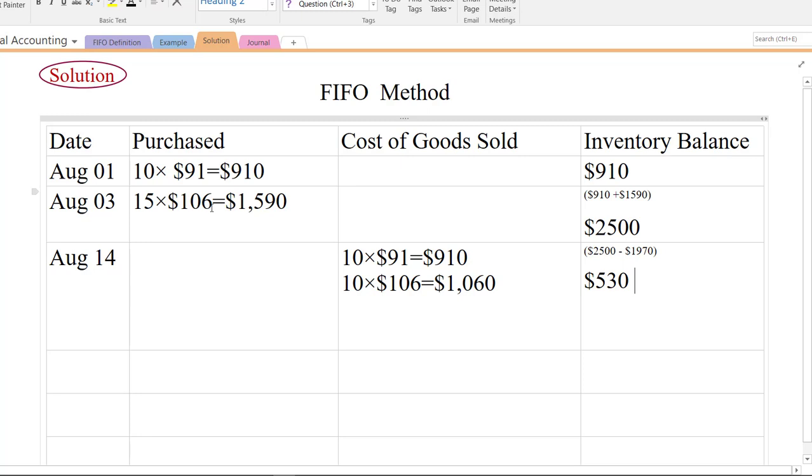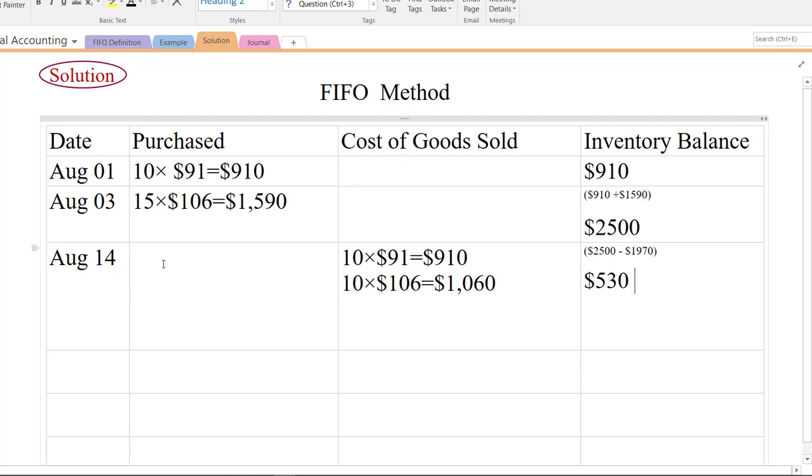So 5 multiplied by 106, I'm calculating it, you also have to do it yourself. 5 multiplied by 106 is equal to 530. Now this 530 is the ending inventory, the inventory which is available with the business, or the stock of the organization till August 14.